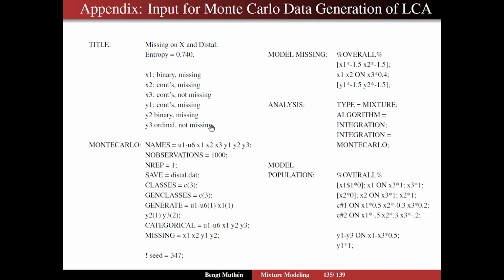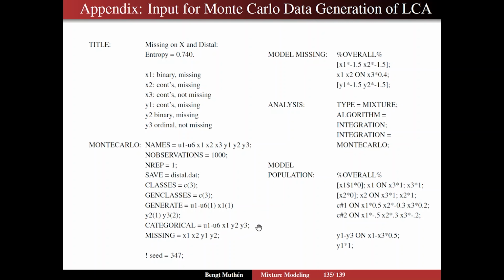Exactly what we have used in the main part of the talk. So you generate 3 classes, and the categorical variables are binary, 1 threshold, except for y3, which has 2 thresholds. It's ordinal, 3 category.